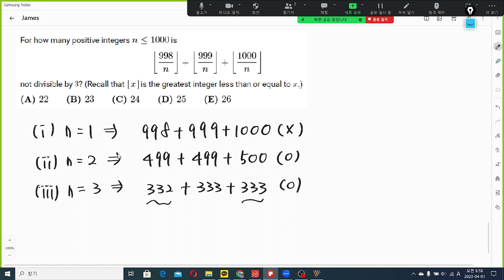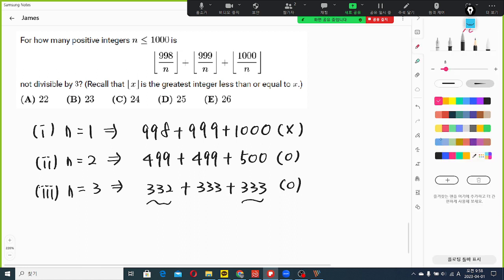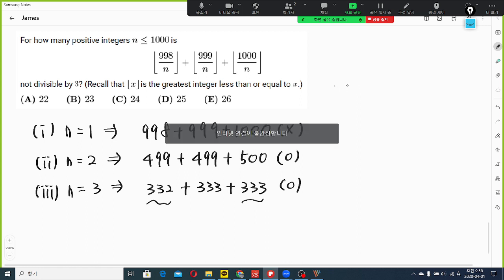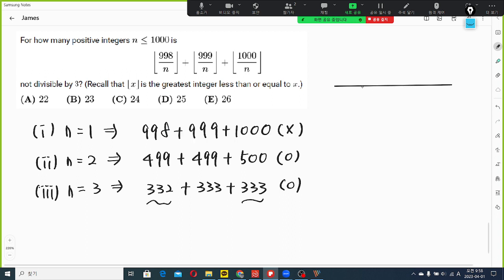With that in mind, let's see what happens on the number line. If we make the number line, let's say there are two integers here, and these 3 points will be located within this one integer difference.